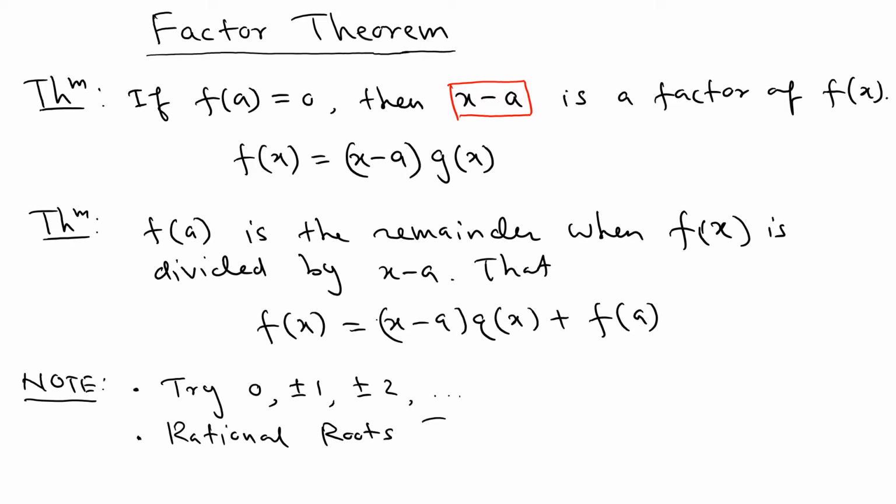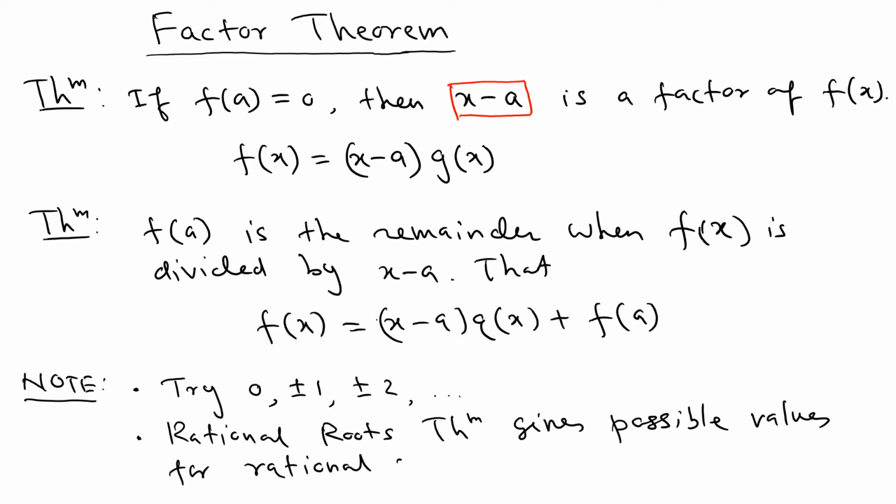The rational roots theorem gives possible values for rational roots. It's only rational roots. So that you can try. So that's the rational roots theorem. They go hand in hand. We use the rational roots theorem plus the factor theorem if we want to find factors.